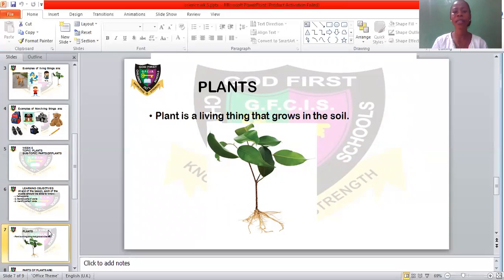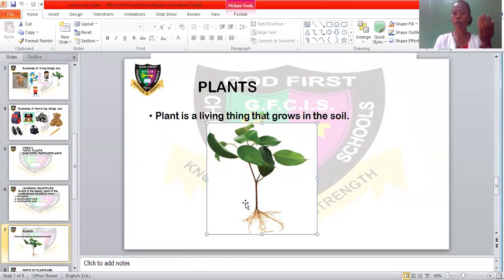Like we discussed in our previous topic, a plant is an example of a living thing because it grows. So a plant is a living thing that grows in the soil. You can see the picture of a plant here.